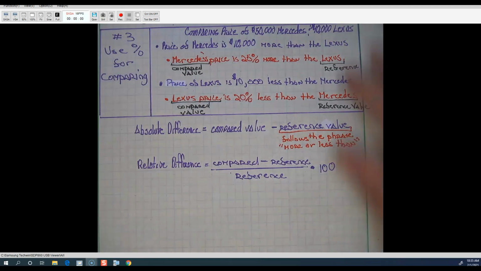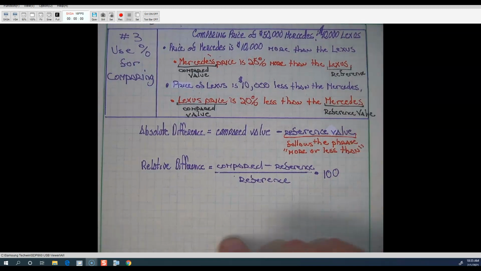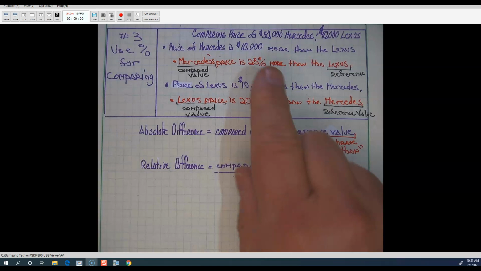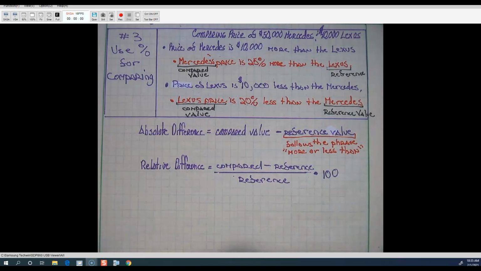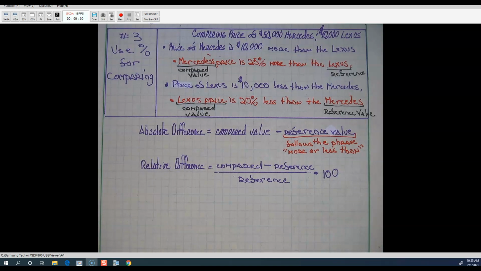So the only thing that's different between last week and what we're doing today is that we're comparing two things, so we're just using different terminology, but the formulas are the same. The terms are different.